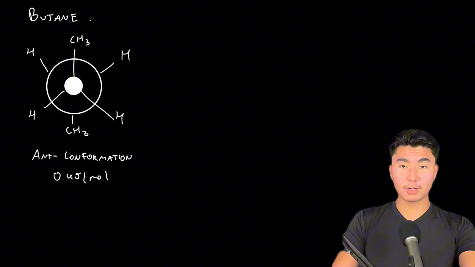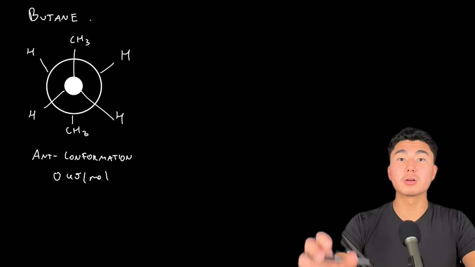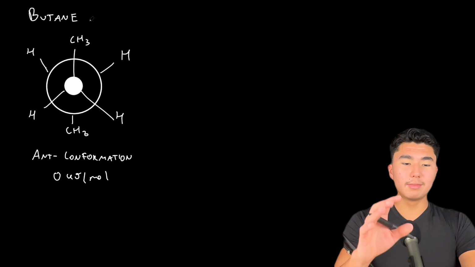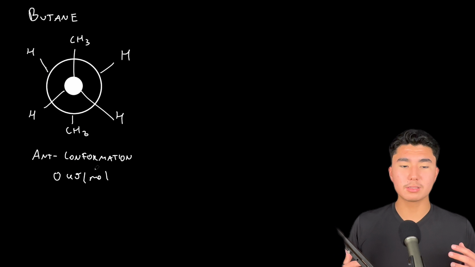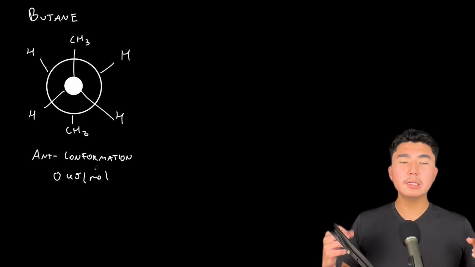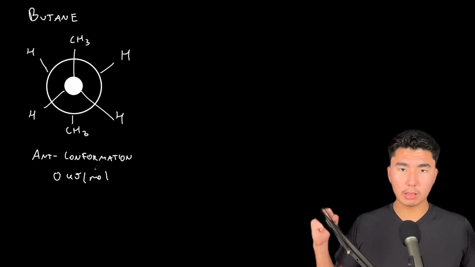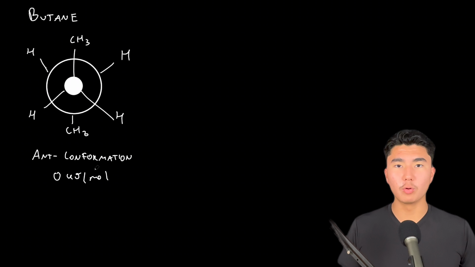But these methyl groups are the plastics, and you need to keep them as far away from each other as possible, or else they're going to cause a lot of drama. And that drama is what we capture as the torsional strain. So you can think about it like that. If you have bigger groups, you need to have them as far away as possible because they're going to cause a lot of energy and make the whole place unstable.